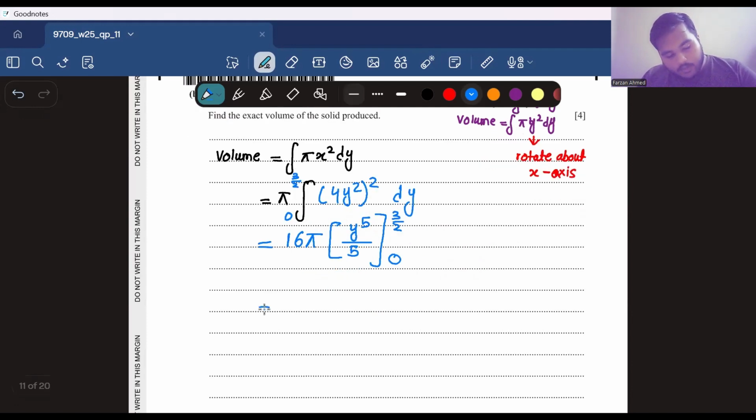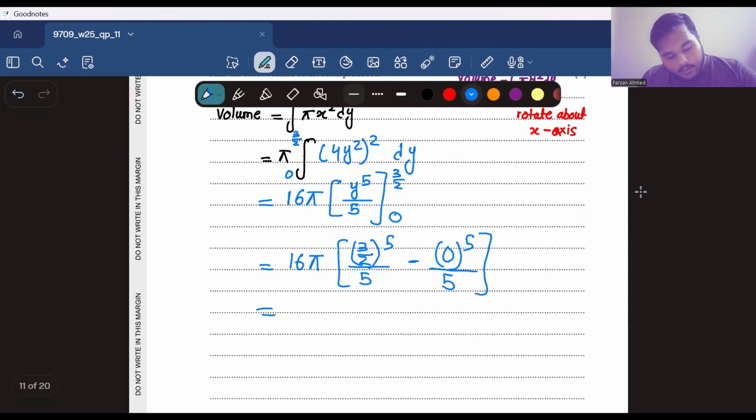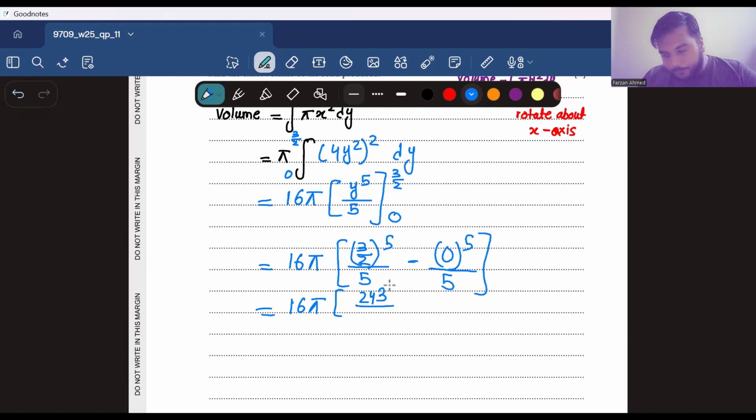So 16 pi, and when we apply the limits, 3 upon 2 raised to power 5 over 5 minus 0 raised to power 5 over 5. This will be 243 over 160.